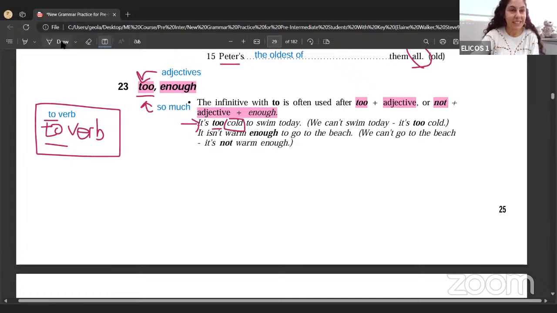It isn't, so this is a negative sentence, it isn't warm enough to go to the beach. So we've got our adjective here, warm. We don't change the adjectives, because you can just see cold, warm, hot, old, big. You just say the adjective. You don't put ER or EST. This is not the comparative. This is not the superlative. So you just say it isn't warm enough to go to the beach.